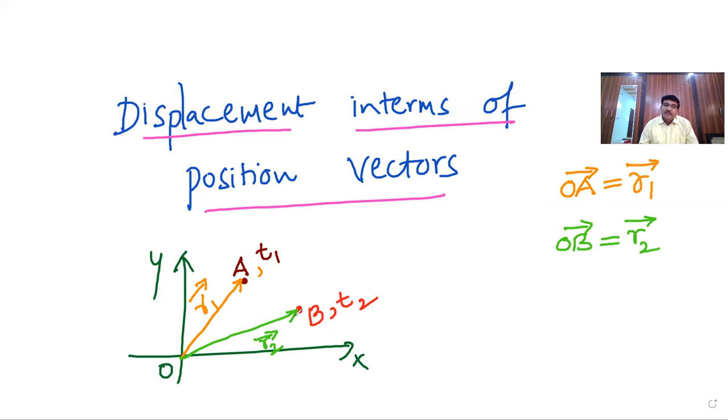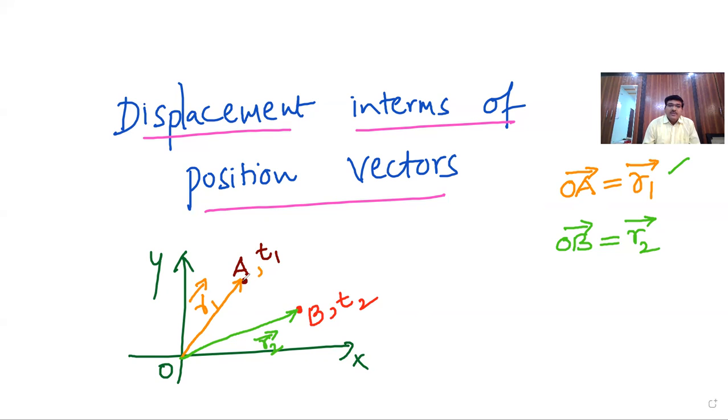Now observe carefully. Once again, initially the object was at the initial position A at the time T1. The initial position of the object is indicated by the position vector with reference to origin, OA bar, R1 bar. Clear?